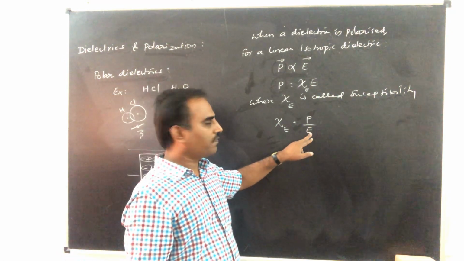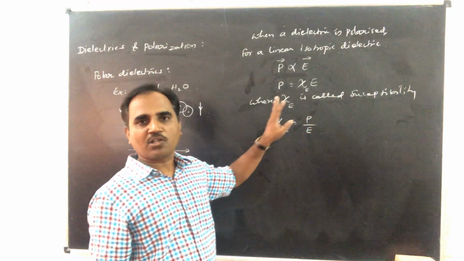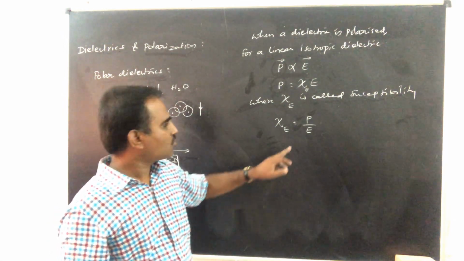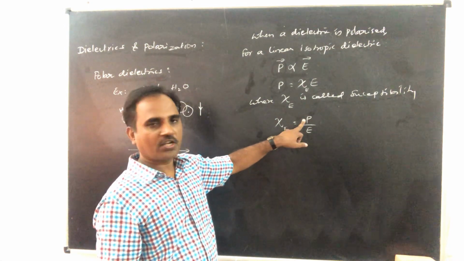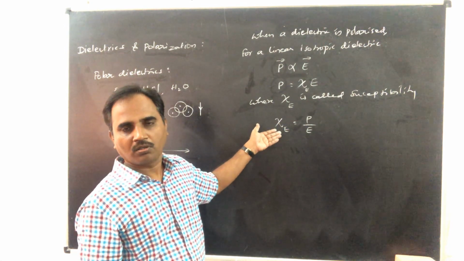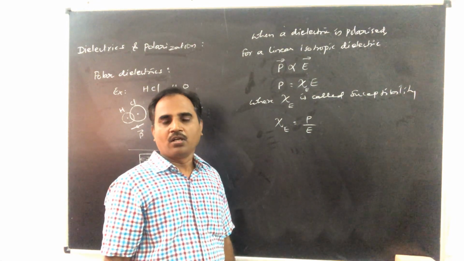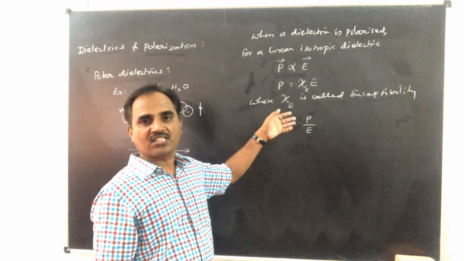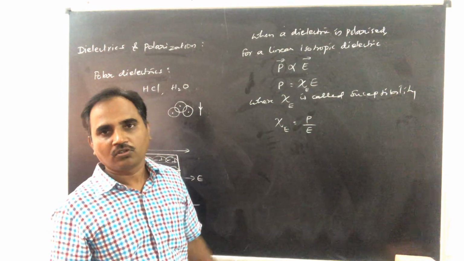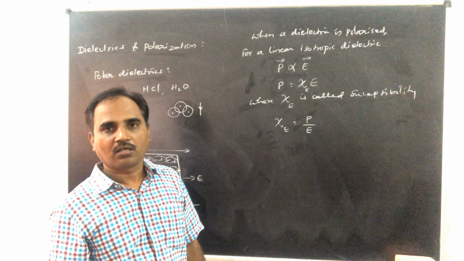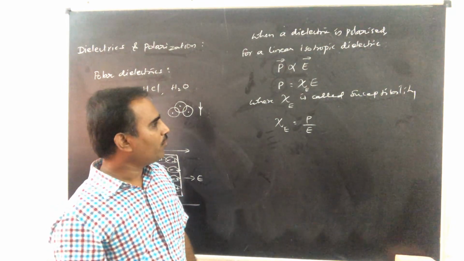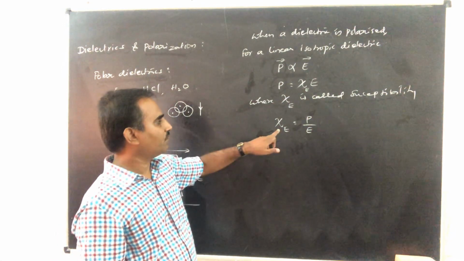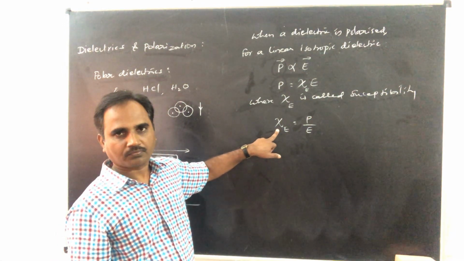For a small electric field, if there is large polarization, then the susceptibility is said to be more, because it is easily polarized. So even after applying a large electric field, if the polarization is small, then susceptibility becomes small. That means it is difficult to polarize such a dielectric. So like that, how easily a dielectric medium can be polarized can be explained by means of this number, susceptibility.